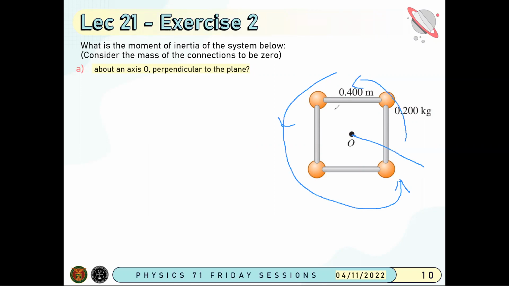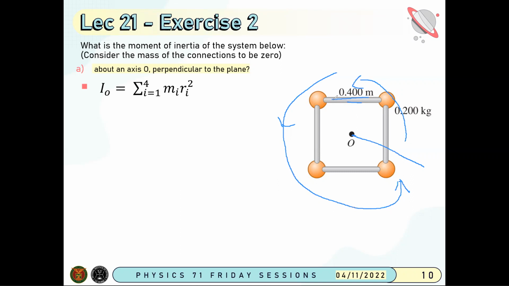Okay. So, again, we have discrete particles. So, kasi hindi naman natin kino-consider yung connections. So, to get the moment of inertia, we have to use the summation. Okay. Summation from 1 to 4 kasi 4 lang yung particles. Sum of mr squared. Okay.